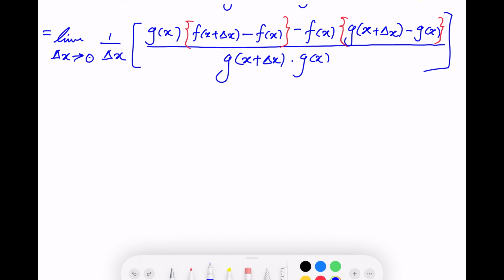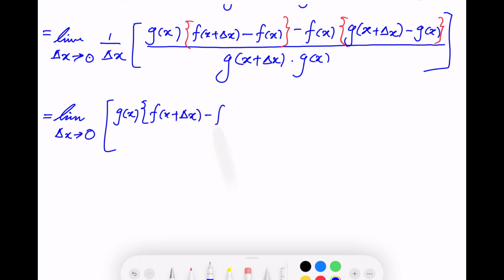When I rewrite all of that, this is equal to limit as delta x approaches 0. Here is the first of the two fractions. I have a g of x and bracket f of x plus delta x minus f of x.